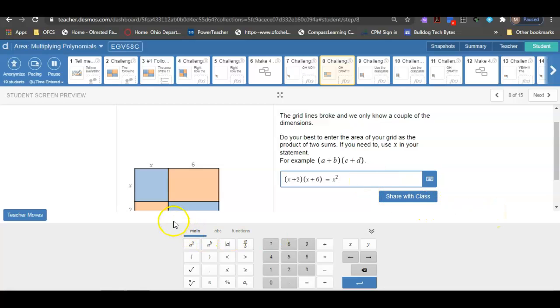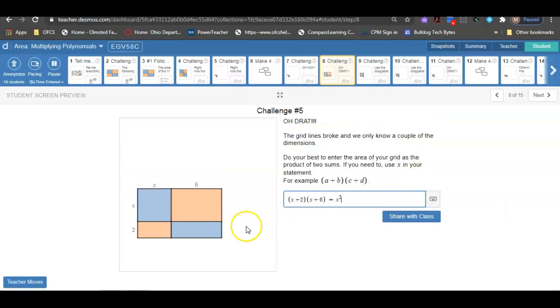Then if I take a look at this orange block here, it has a vertical dimension of x and a horizontal dimension of 6. Length times width, x times 6, that's another 6x units I have to add in there, okay? Moving down to the bottom row, this orange block here has a dimension of 2 by x.